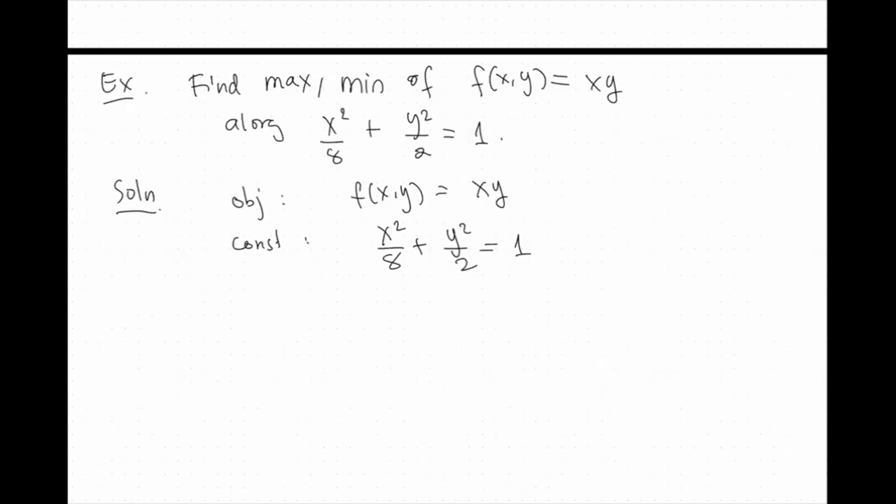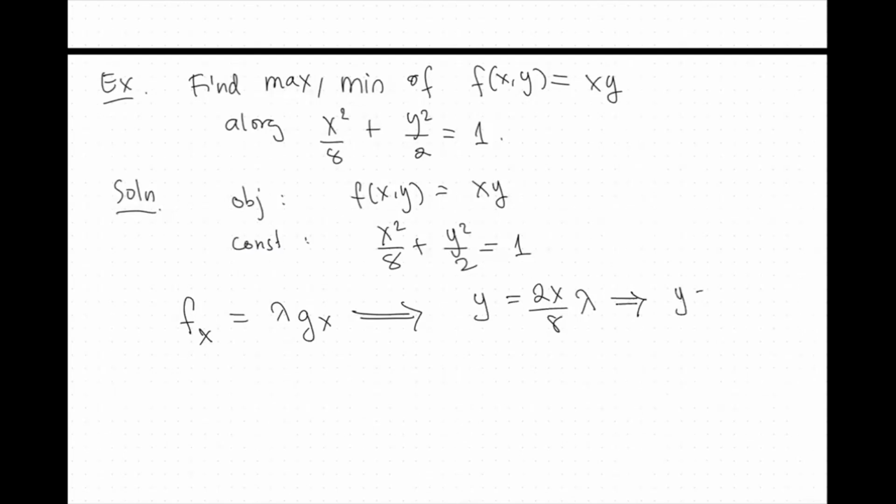Now, we will get f_x equals lambda g_x. This implies that the partial derivative of xy with respect to x is y, and then on the other side we get 2x over 8 times lambda. So this is just y equals lambda x over 4. This is your equation.